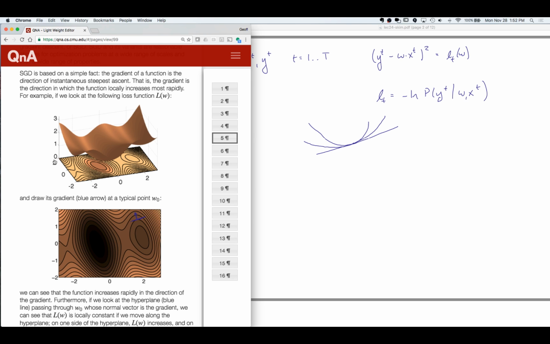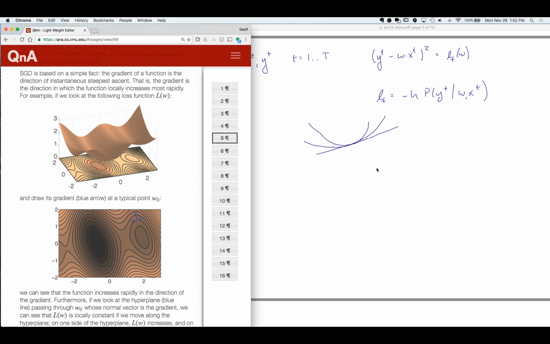The two horizontal dimensions are w, the parameter, and the vertical dimension is the loss as a function of w. What we're hoping to do is to get to the lowest point, which is right here on the loss function, or maybe just to a local optimum, which is the lowest point in a neighborhood.